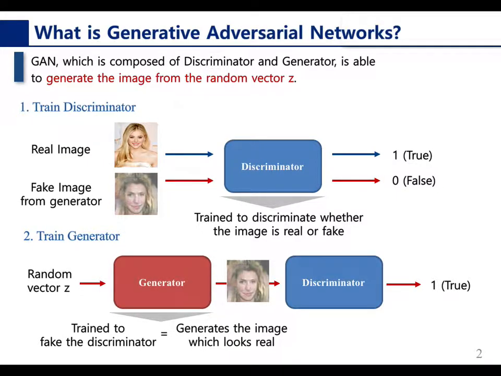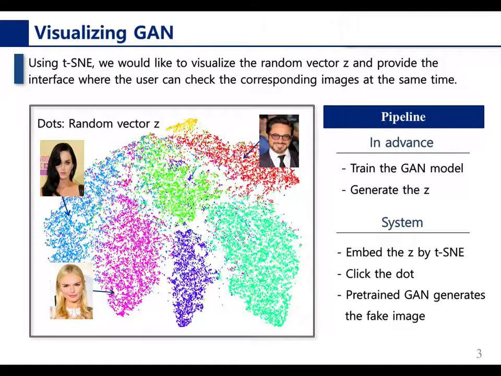Now we know how the GAN generates the image. To easily understand the characteristics of the GAN and to check the quality of the image, we propose a visual analytics system for the GAN. We use t-SNE to embed the random vector G, which is used to generate the image, into a two-dimensional space.